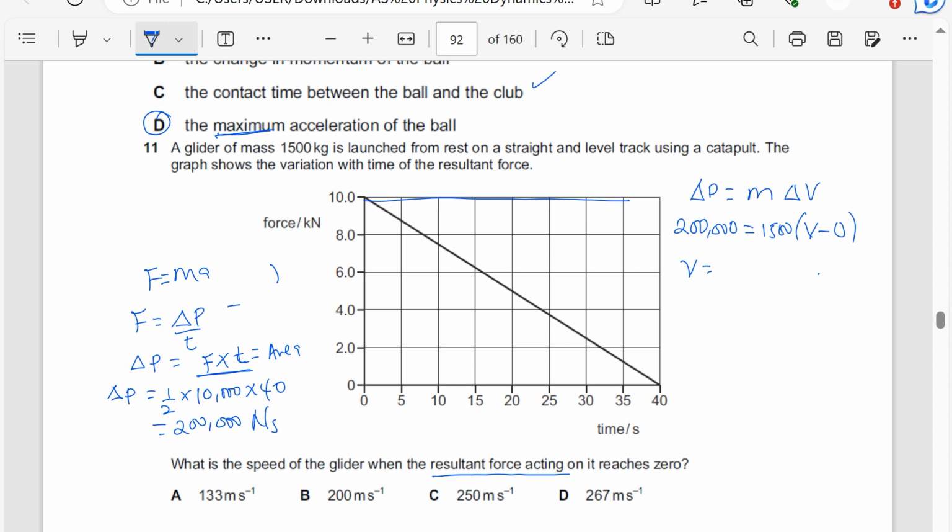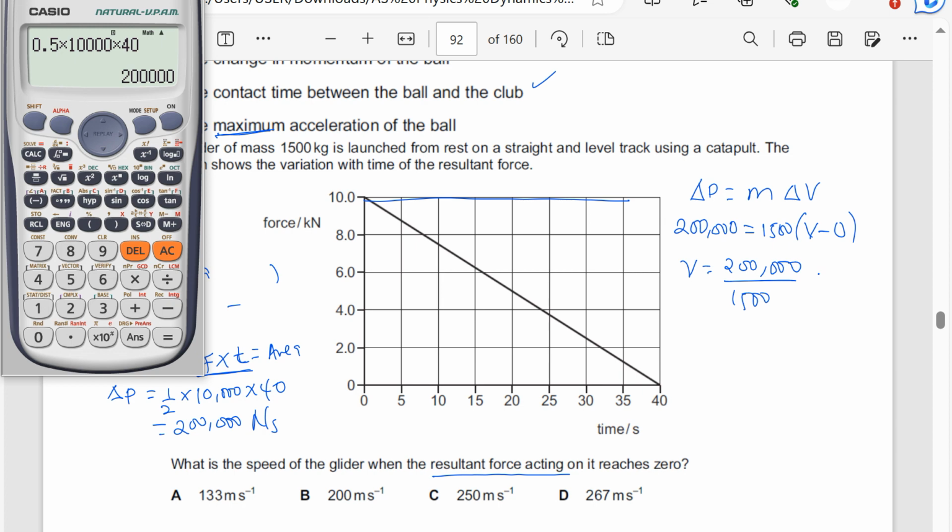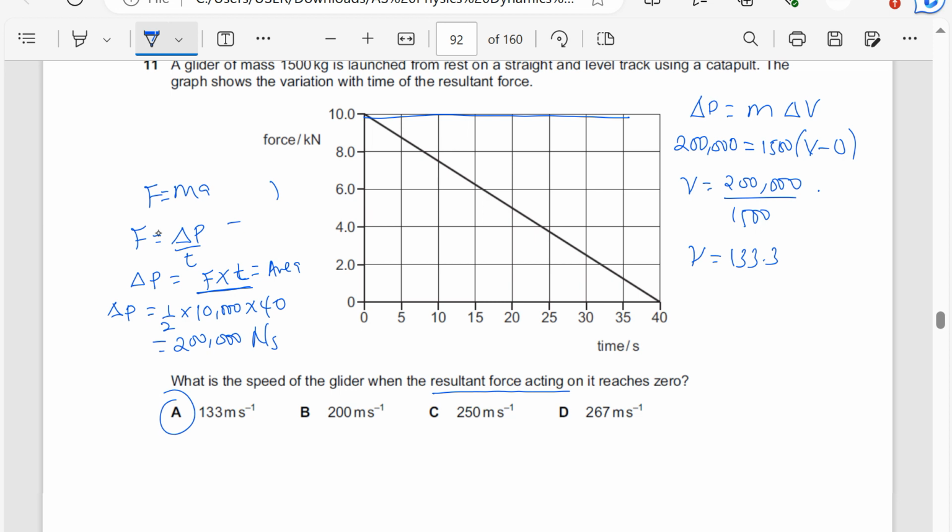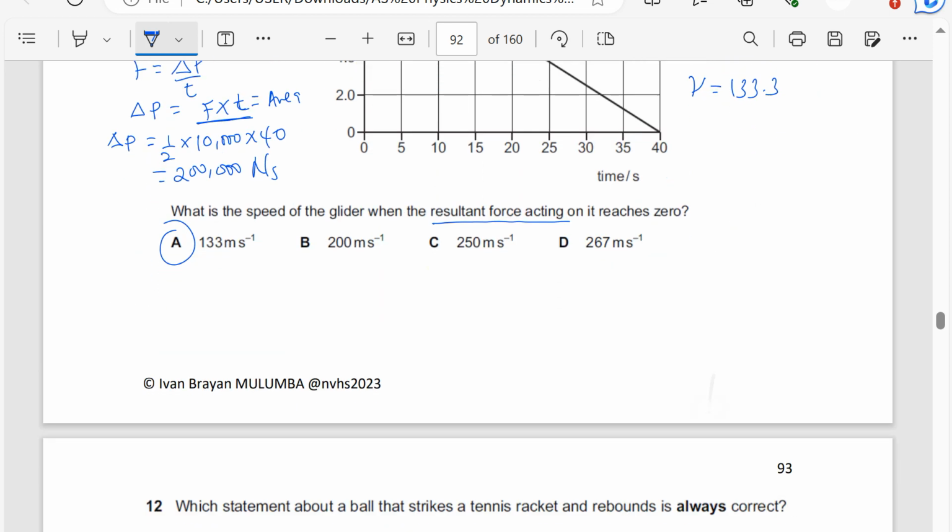So we get V as 200,000 divided by 1,500, which means V is going to be 133.3 meters per second. So our answer is going to be A.